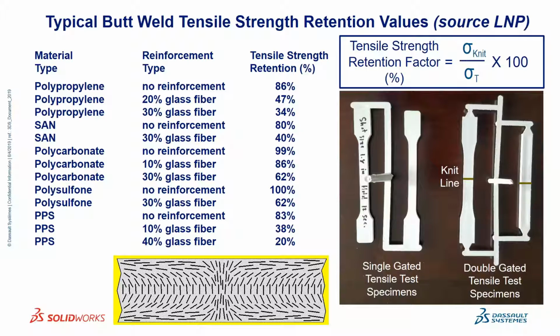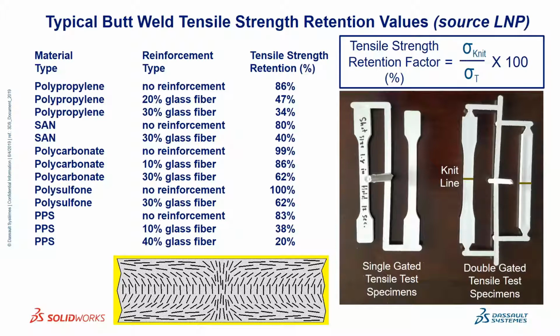If we look, for example, at the polypropylene materials, the top 3 materials in the table, we see that as the glass fiber concentration increases from 0% up to 30%, the weld strength retention factor, which is the strength at the weld relative to the material strength not at the weld, multiplied by 100, varies from 85% with no reinforcement down to about 34% with 30% glass reinforcement.